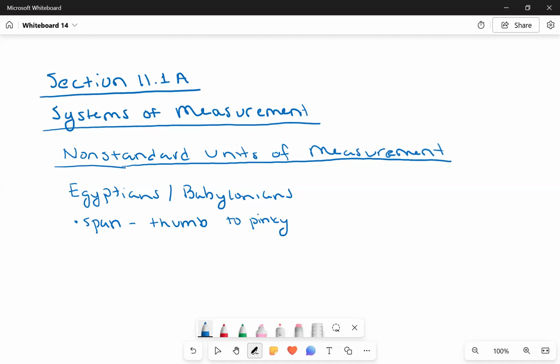A foot, that's right, a foot was the measurement from heel to toe. A hand was another one. That was the closed finger width of the hand.